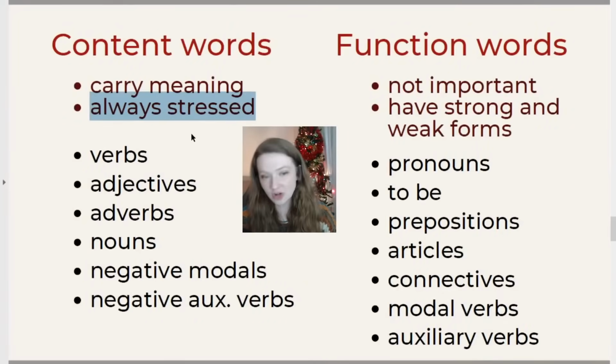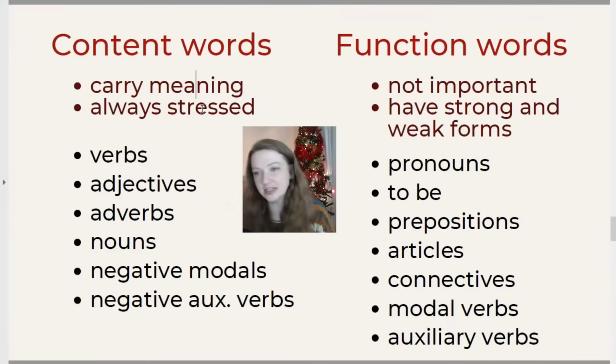Content words are always stressed, meaning no matter where they are in a sentence, no matter what context, they will always be stressed, and there will only be one form in the dictionary of them unless they have alternative pronunciations, but the stress doesn't change. And these tend to be verbs, adjectives, adverbs, nouns, negative modals, and negative auxiliary verbs, right?